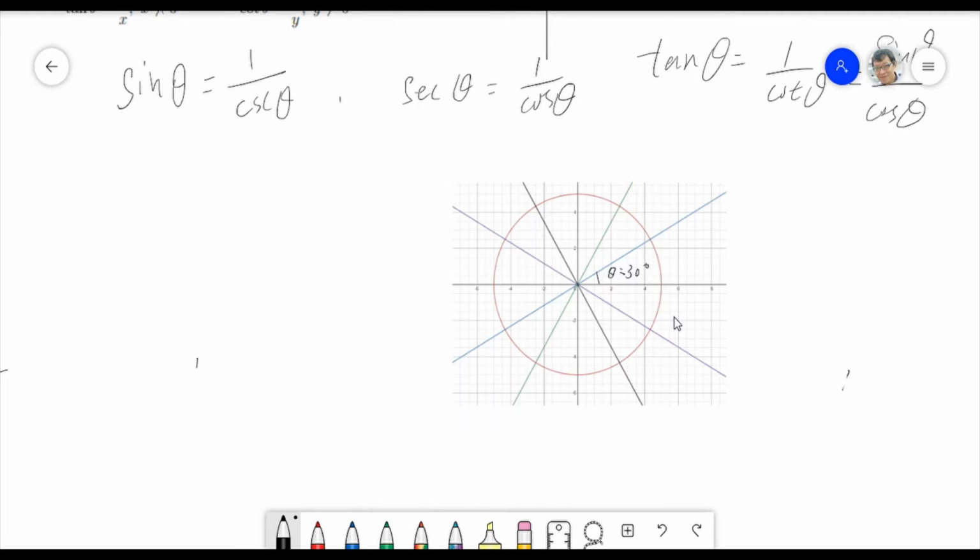If the angle goes from the horizontal x-axis in this direction, to 330 degrees, this will be negative 30 degrees.